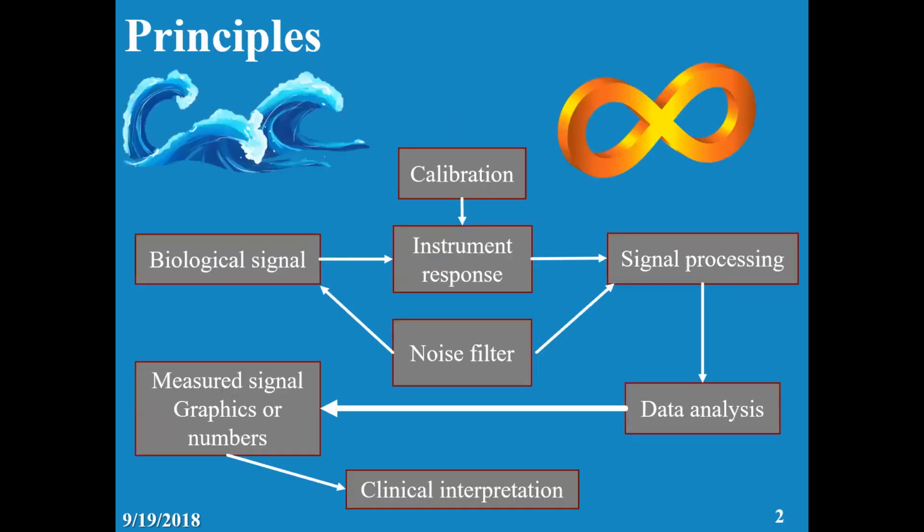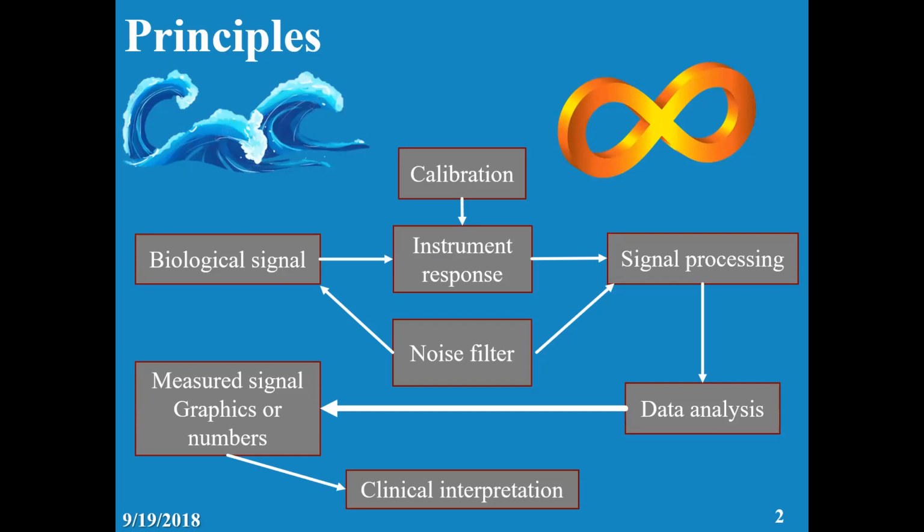So when we look at the ventilator, we have a biological signal coming from the patient. The instrument responds to this signal. We calibrate so the numbers on the instrument look like the standard that we know. And at the same time, the monitor filters this signal to remove any artifact and noise, and then processes it.